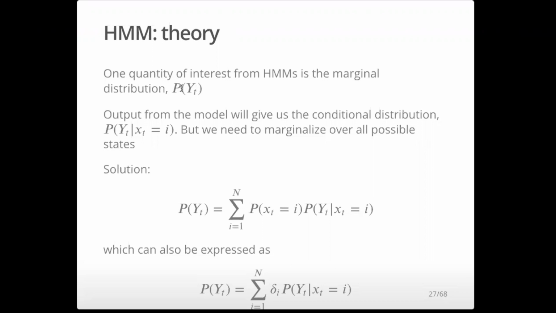One way to do this is to take your likelihood, or the probability of your data y, and break it into two chunks. The first chunk represents, for every time step in the sequence, the probability that xt is equal to a certain state, times the probability of the data given that state.